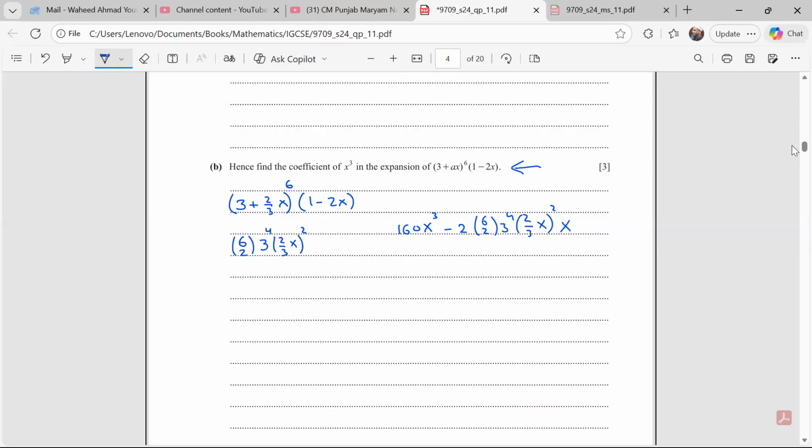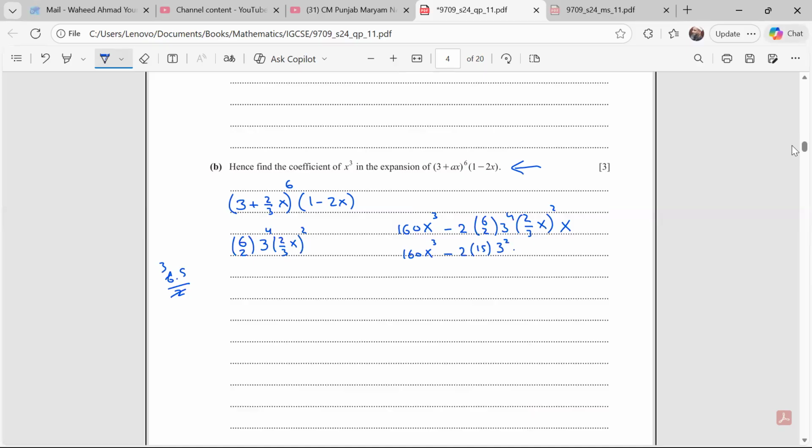So let's try to simplify this. It is going to be 160x^3 minus 2 times 6C2. Now 6C2 would be 6 times 5 over 2 factorial, so 2 times 3 is 6, and it is 15. So this is 15. Then 3^4 and 3^2 in the denominator, so it will be 3^2 only.